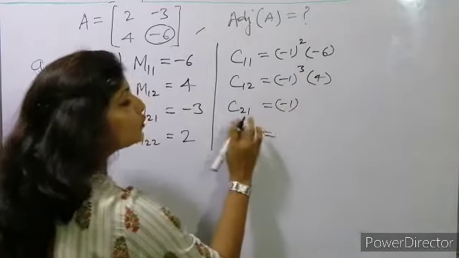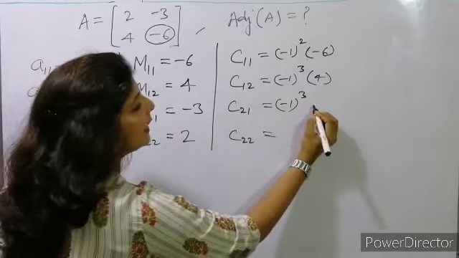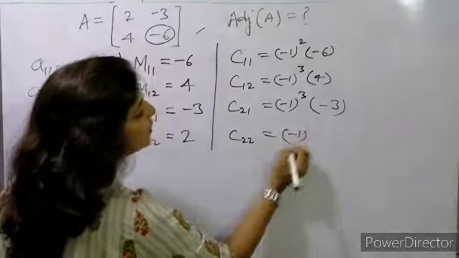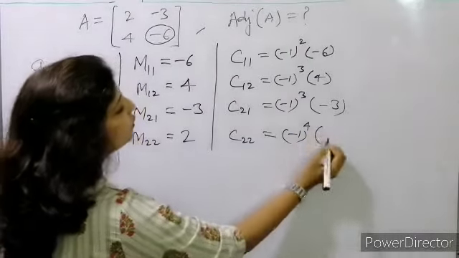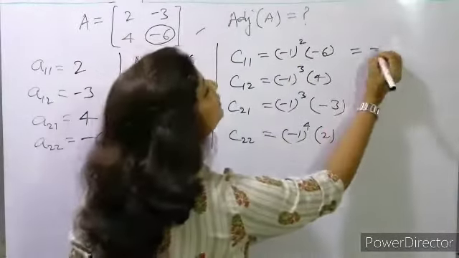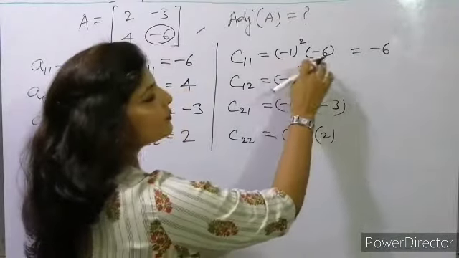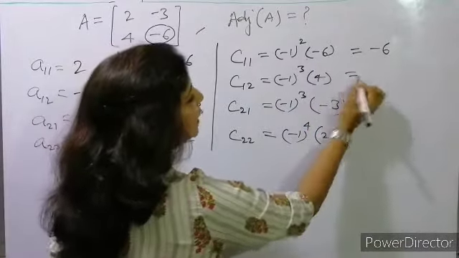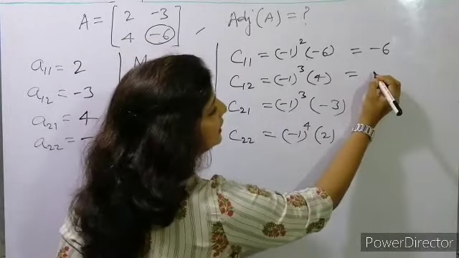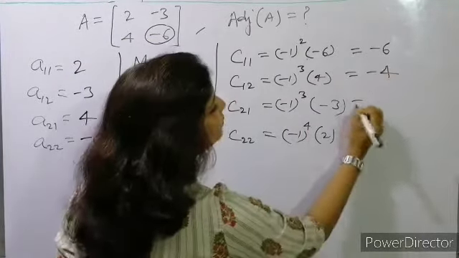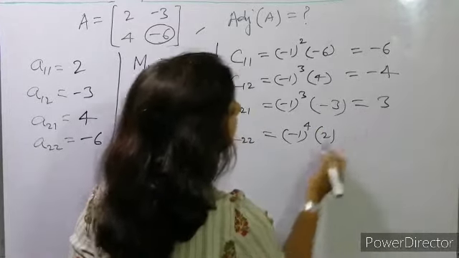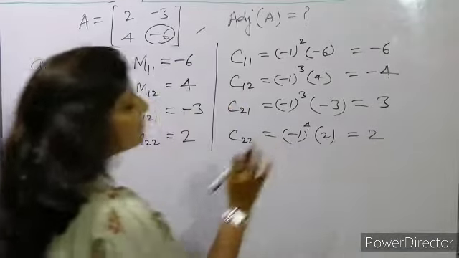Now -1 का पावर 2 + 1, 3, and into -3. -1 का पावर 2 + 2, 4, into 2. So what we'll get? This is positive, so -6 as it is we will write, but here it will be minus, so it will change the sign of this, that is 4. So -4. Now -1 into -3 will be 3, and again it will remain same because -1 ka power 4 will be plus.